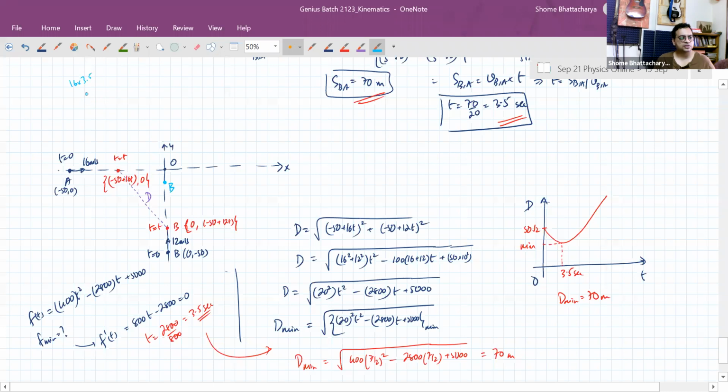So 48 plus 8, so 52. So A has gone past it. So A is somewhere here. This is when the distance between them becomes minimum. A has gone past, but B has not yet reached the intersection point.